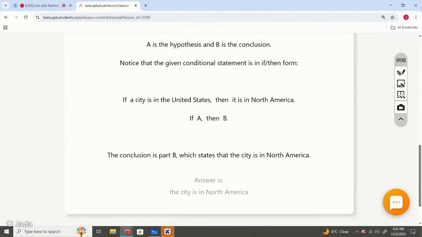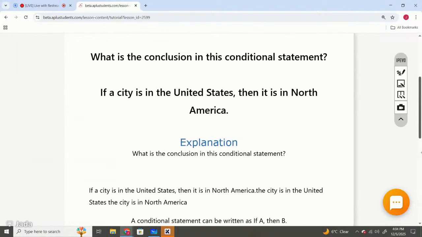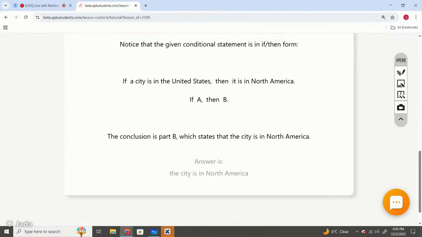So if A, then B. The question is we need to find the conclusion of the conditional statement, right? If A, then B. So the conclusion is the part B, which states that the city is in North America. Got it?